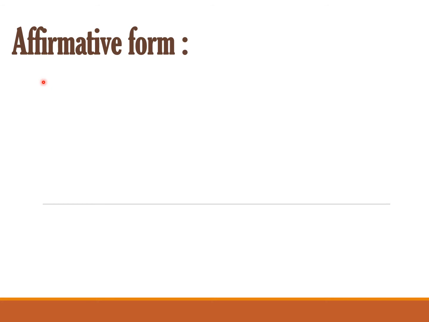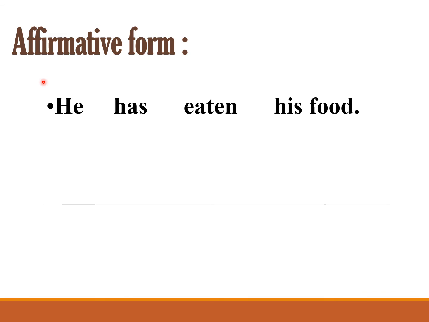In present perfect, we use two helping verbs, have or has. Have or has always followed by verb past participle, verb 3. Look at this example. He has eaten his food. He is the subject, and because this subject is singular, we use has, but have with the plural.